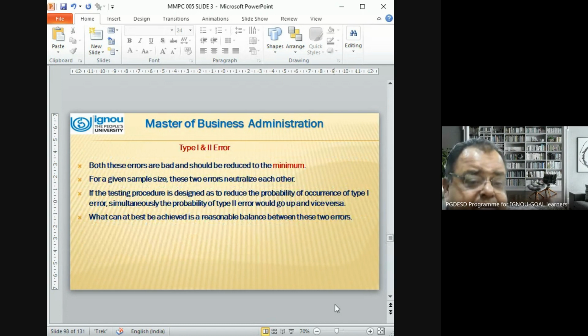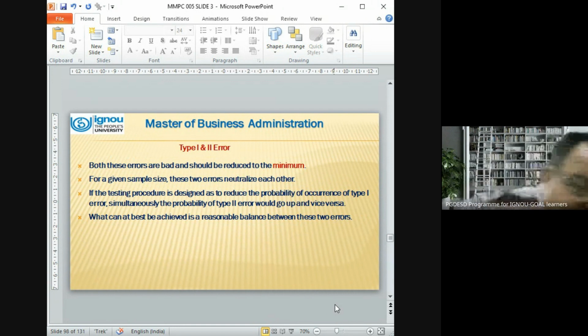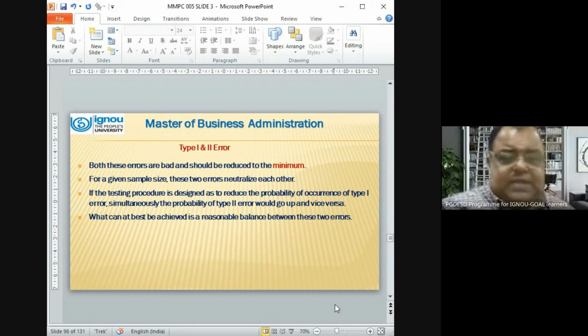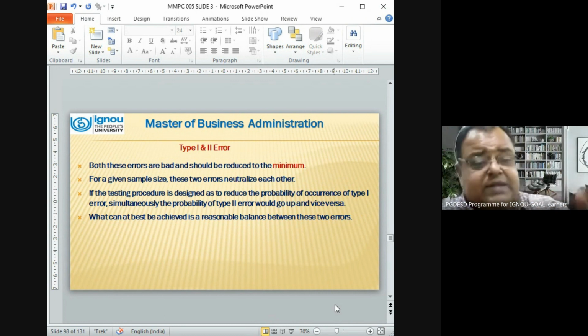Type 1 and type 2 error, both these errors are bad and should be reduced to a minimum. For a given sample size, these two errors neutralize each other. If the testing procedure is designed to reduce the probability of occurrence of type 1 error, simultaneously the probability of type 2 error would go up, and vice versa.